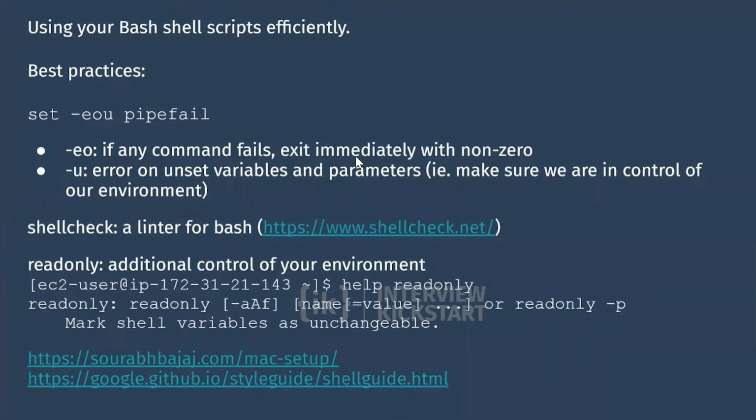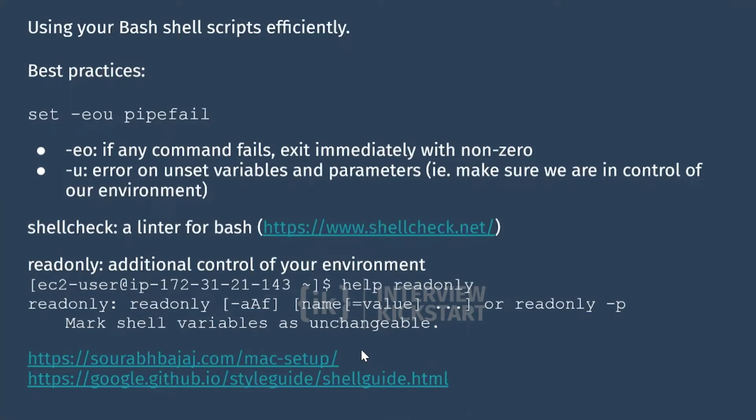And then there are two very good links at the bottom here. The first one is a fellow who has a website that shows some useful tips, tricks, and standard practices for shell scripting, as well as for setting up your macOS environment.